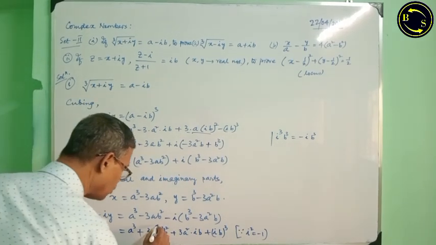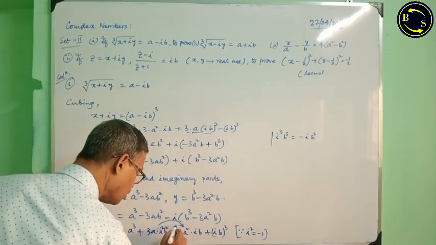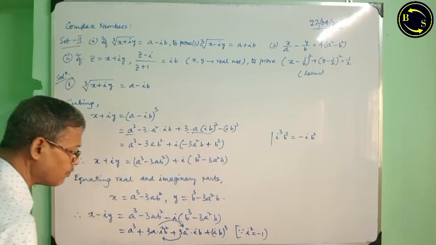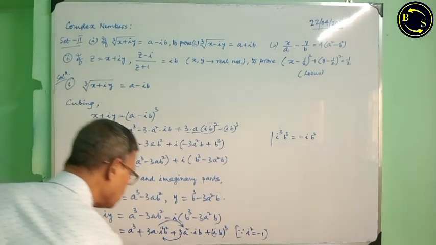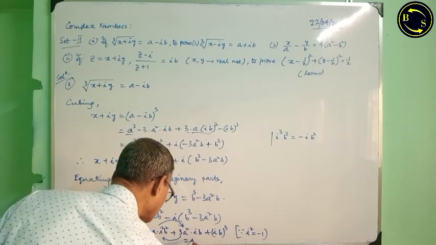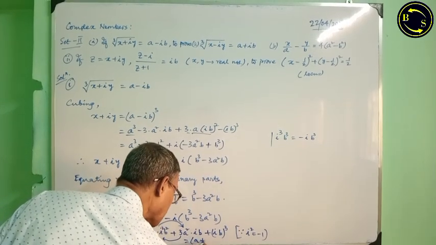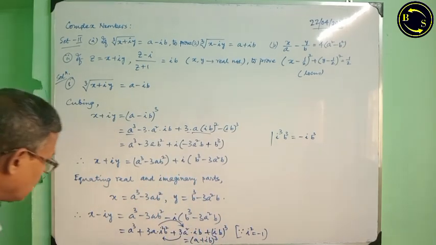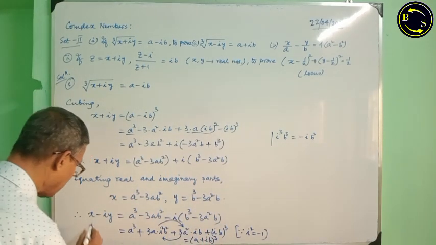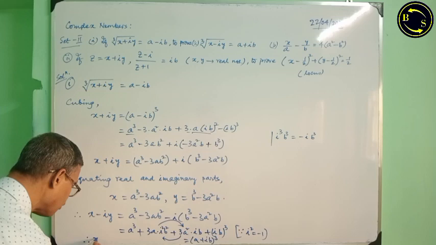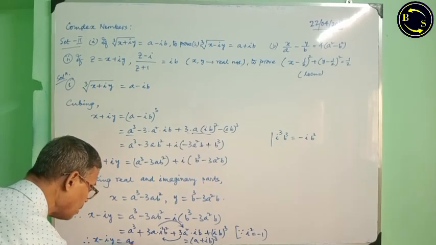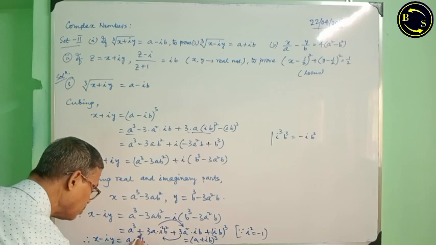We could have written this term first, then we get this form a plus ib whole cube. Therefore x minus iy is equal to a plus ib whole cube.